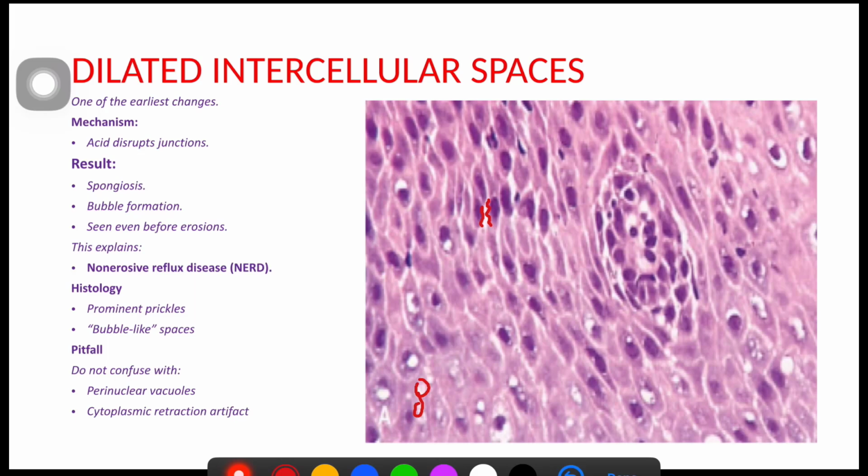So it explains non-erosive reflux disease, and histologically it is most commonly seen in the prickle layer, with this bubble-like space. Do not confuse it with a perinuclear vacuole. This is the nucleus and this is the vacuole formation, and cytoplasmic retraction artifact may sometimes be seen. So do not confuse with this, but these are the dilated intercellular spaces.